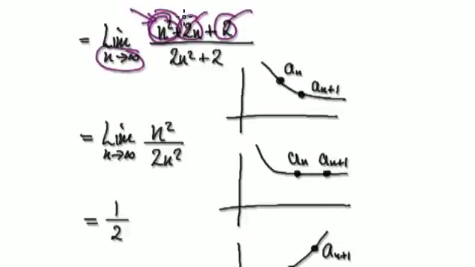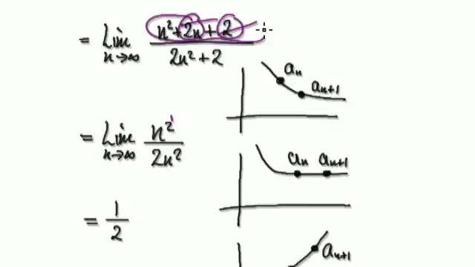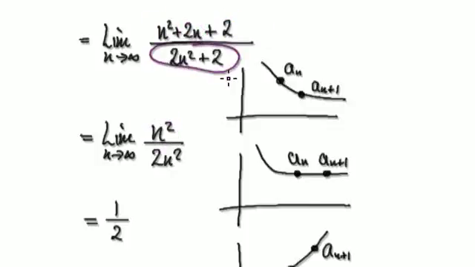It's going to be much bigger than 2n and 2. So it's just going to act as n squared. And then looking at the denominator, as n gets bigger and bigger, this 2 here is going to be irrelevant. It's just going to act as 2n squared. So now divide everything by n squared. Well, the limit will be a half.